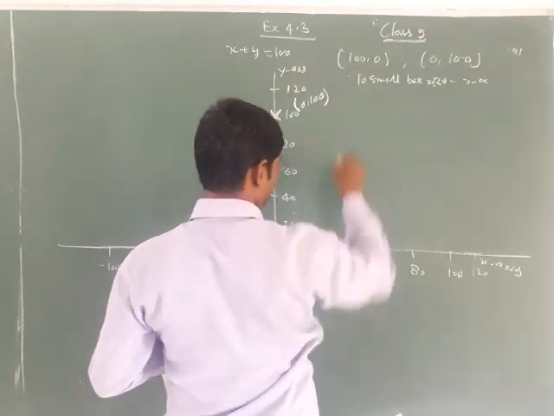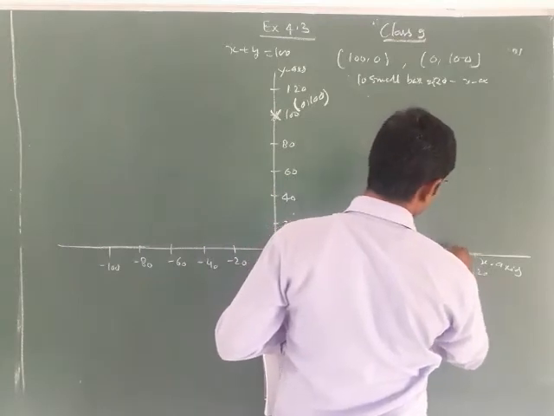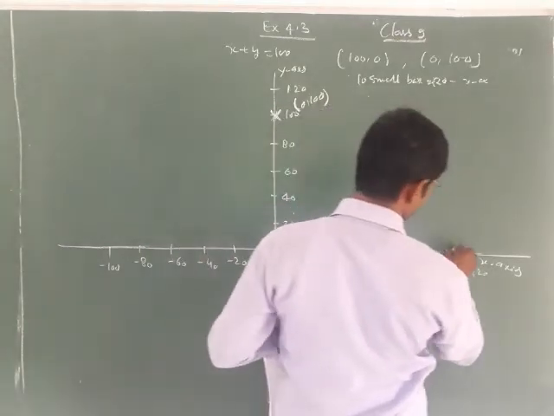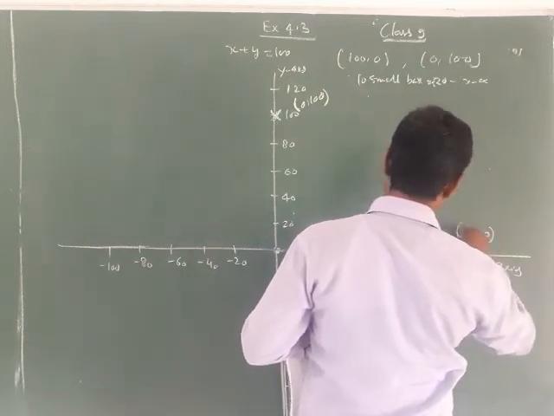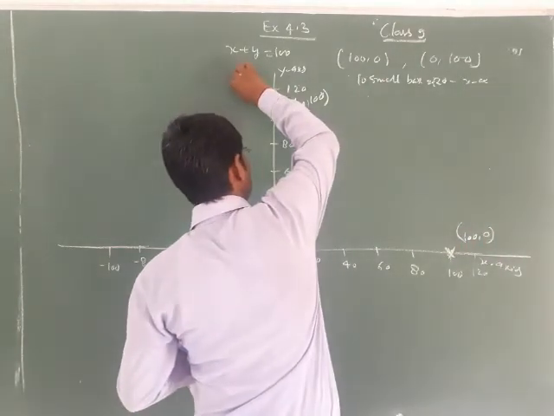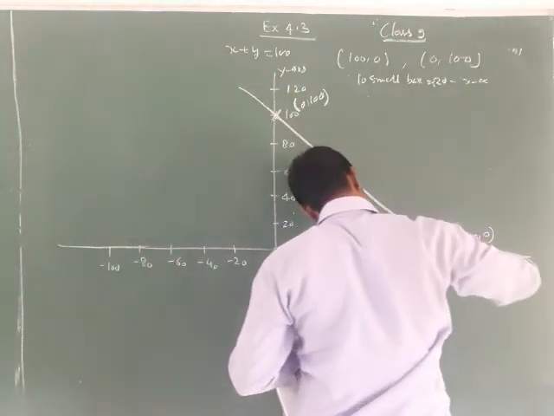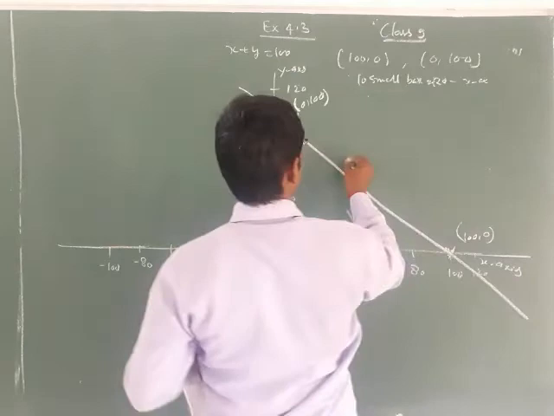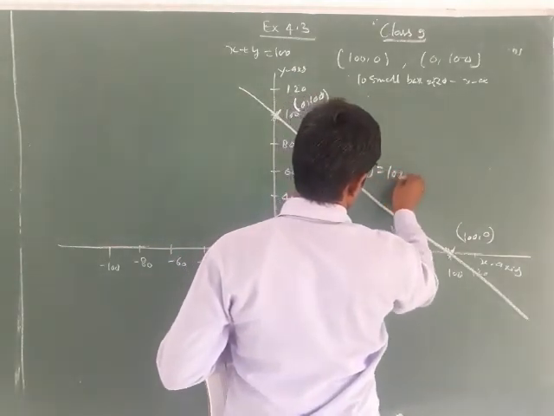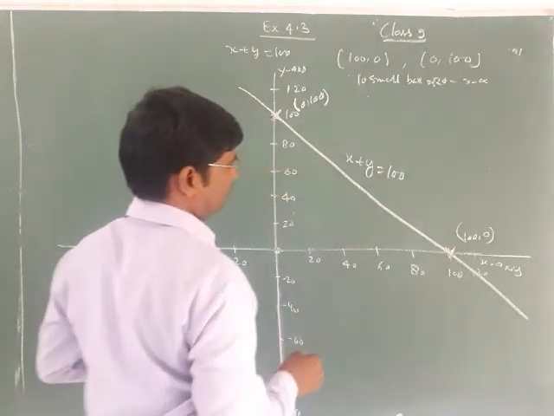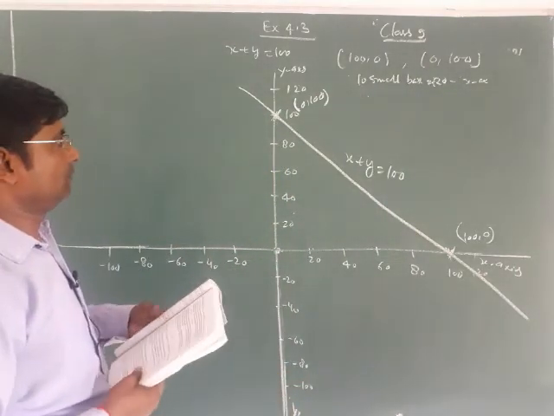And when x is 100, y is nothing, so this cuts at 100, 0. With the help of a scale, draw a straight line through these points. So the equation x plus y is equal to 100 is made into a graph.